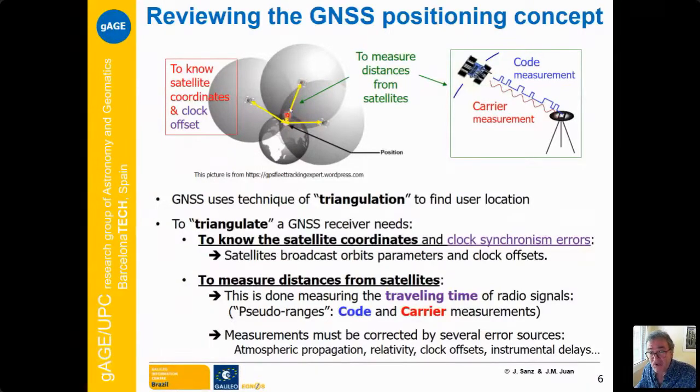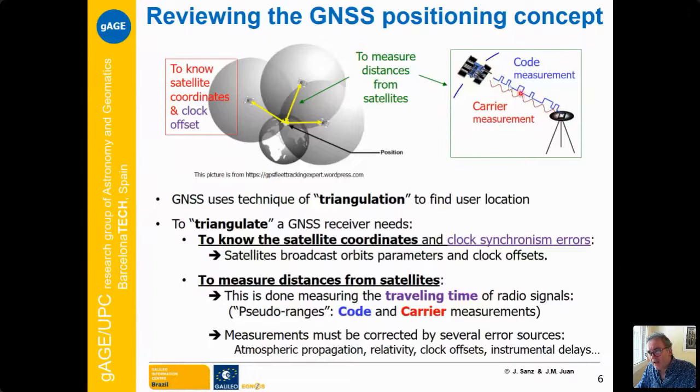In order to measure this ranging, this pseudo range, we use signals, code and carrier measurements, and the measurements we use refer to 2 different clocks, satellite clock and receiver clock.